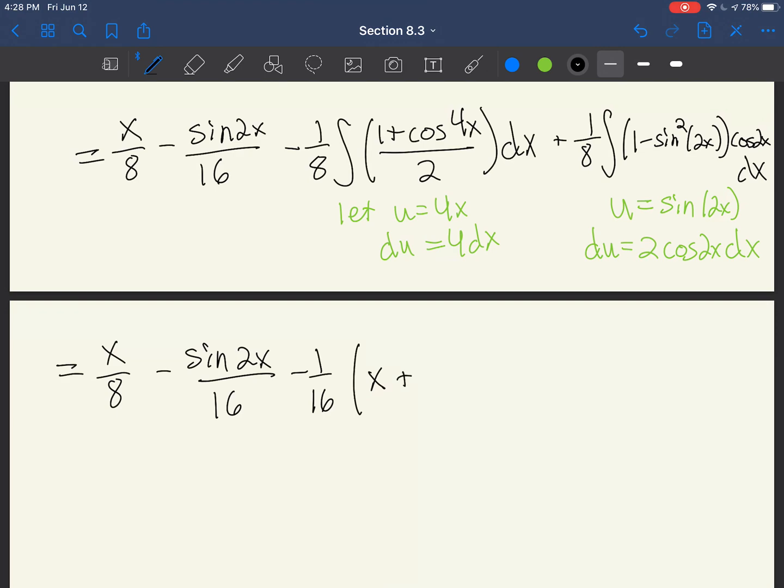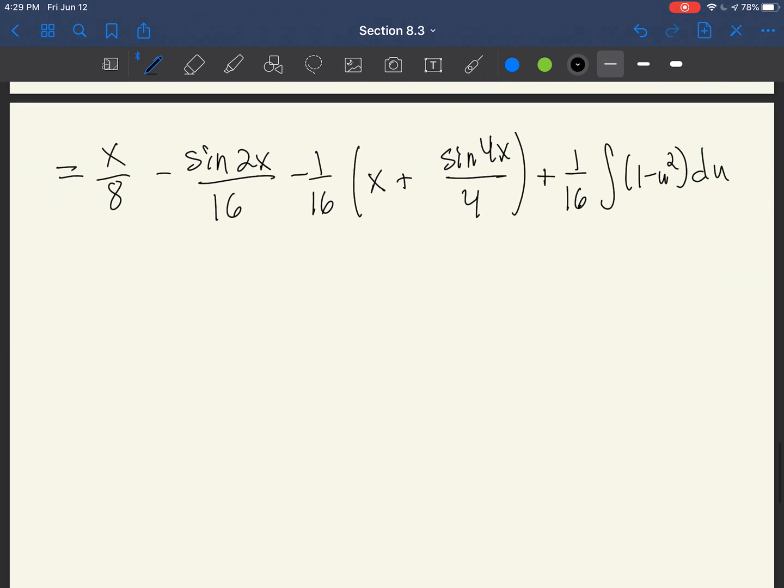Integral of cosine of 4x will be plus sine of 4x over 4, plus we have 1/8 from outside the integral. Doing the du will give us another 1/2. So we have 1/16 integral 1 minus u squared du.